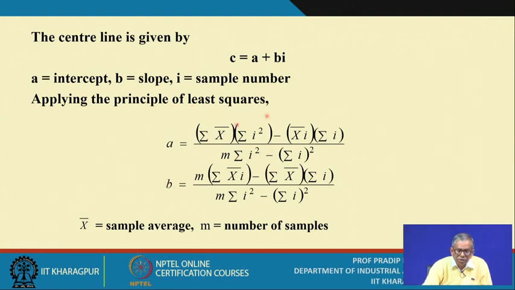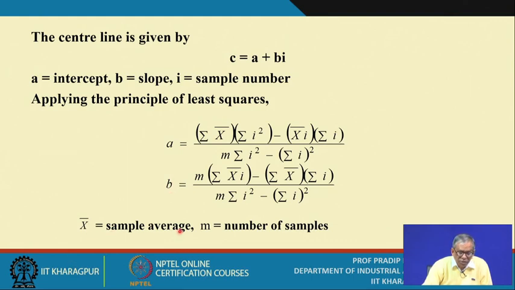I don't need to derive these expressions; they come from applying it. The intercept a is given by this formula, and the slope b by this formula. I suggest you refer to typical textbooks on regression analysis, linear regression, where you will get these expressions for a as well as for b.